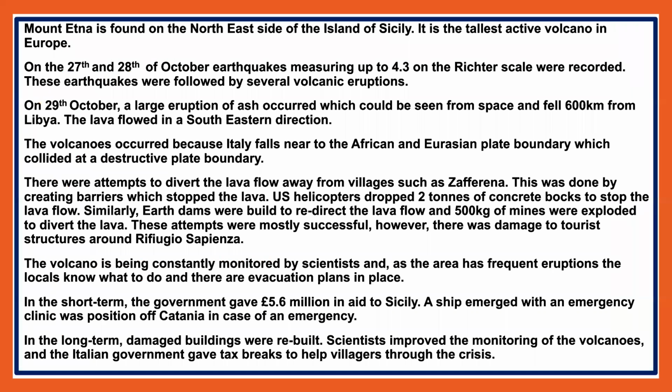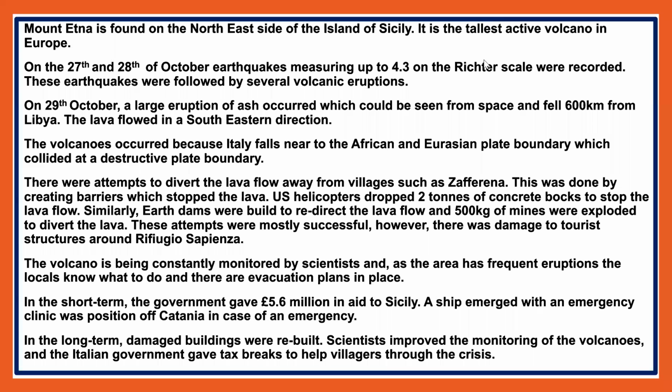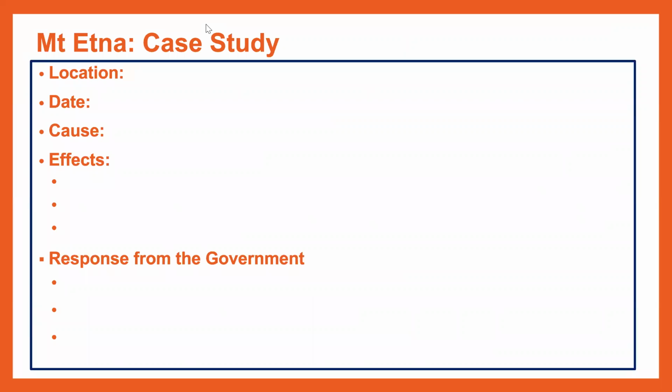Now, I've got this slide here with lots of information there for you. So you can use that to help you. So you need to pause the video and have a read through this information and put it into your Mount Etna case study. There's a Mount Etna case study sheet in your learning pack that you can use if you need that to help you.